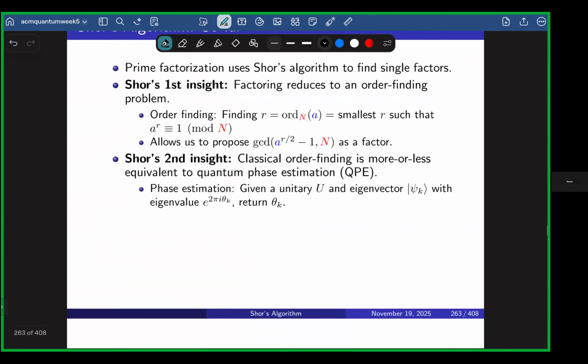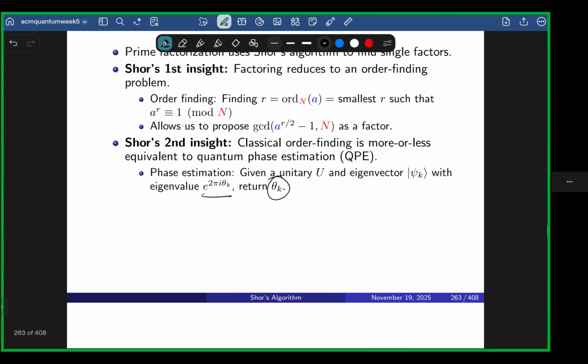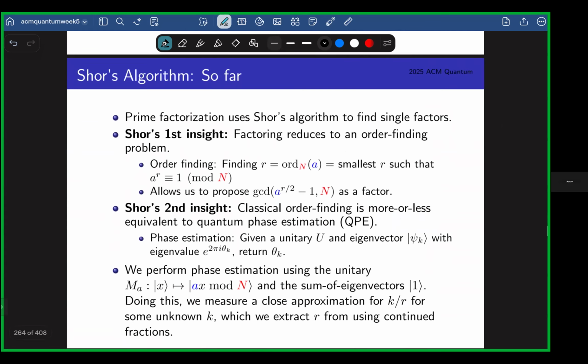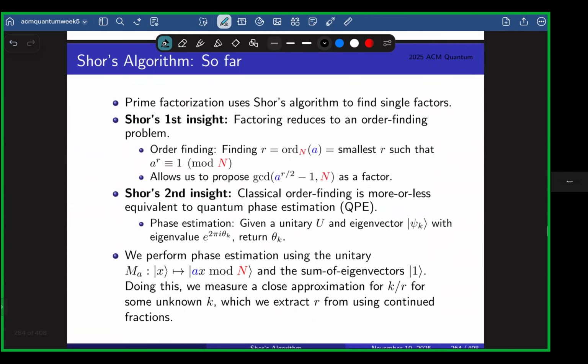Shor's second insight was that classical order finding is more or less equivalent to quantum phase estimation, which we went over. Here's the problem statement again. You're given a unitary U and an eigenvector, and you know the eigenvalue, and you want to return the phase in the eigenvalue. What we do with phase estimation is we use the unitary MA, which is multiplication by A, and then the eigenvector.